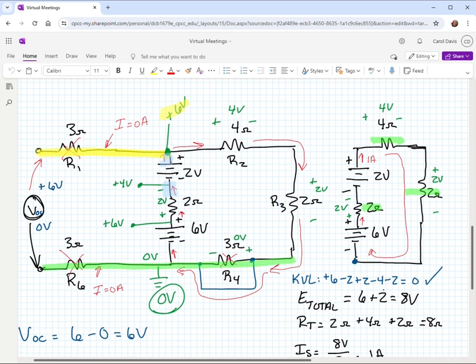So we're looking for how to connect that up. And of course, we found that there was a path on this right-hand side here that would go through R2, R3. It would actually go around the 3 ohm resistor R4, but then it would make it back to the 6 volt source, which would then make it back to the 2 volt source. So you always want to start with tracing the path of current, and then redraw the circuit to match what that looks like.